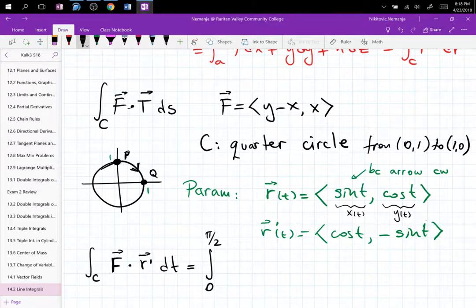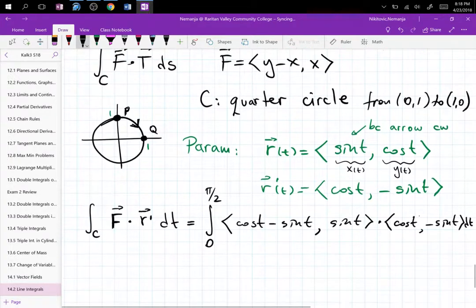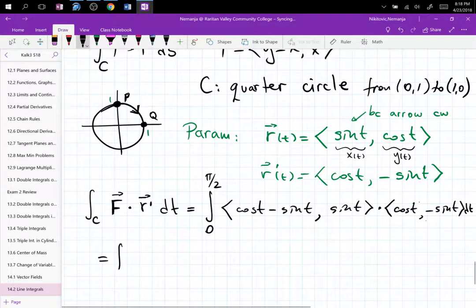All right, what's my F? Well, y is cosine t, minus x is minus sine t, comma, x, which is sine t. I need to dot that with r prime, which is cosine t, comma, negative sine t, everything dt. Yay. 0 to pi over 2. And now I need to do the dot product.